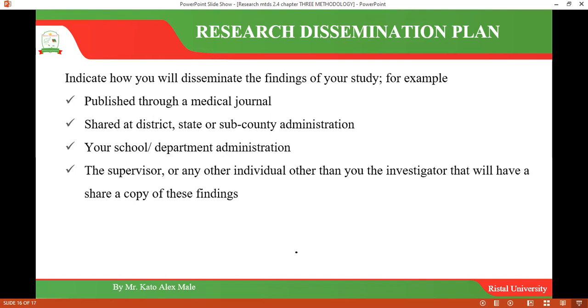Indicate each and everyone who will have a copy of these findings such that we can be sure that this data will actually be safe. So that's what to do with the research dissemination plan, and it is the last bit you can tell us under research methodology.